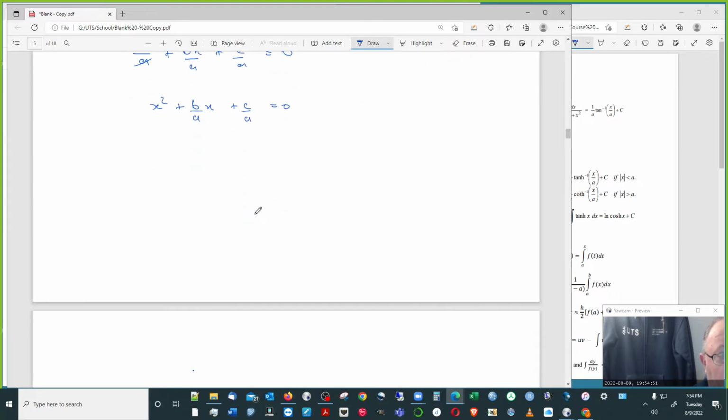Okay, the next thing I'm going to do is complete the square, because I've put it into the correct monic form. I'm going to take the coefficient of plus b on a, halve it, and then square it.